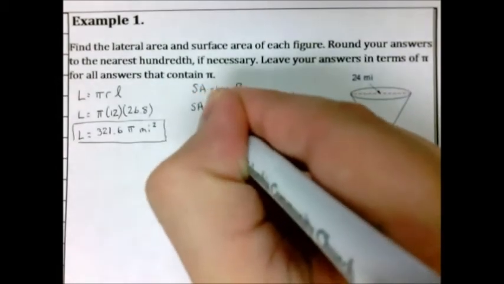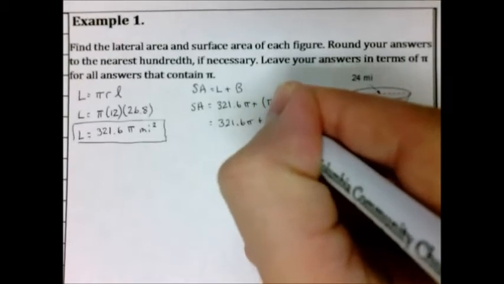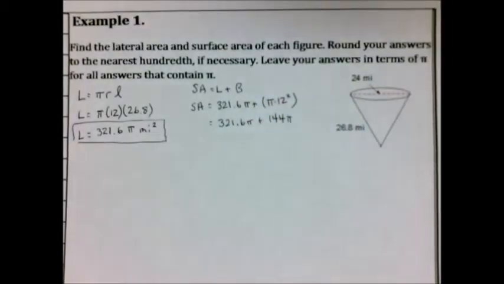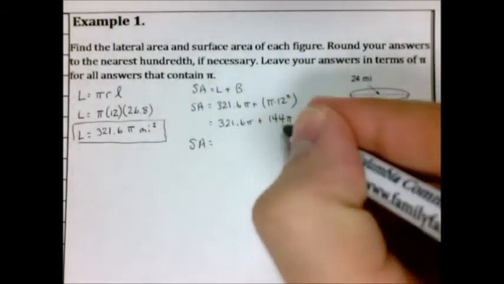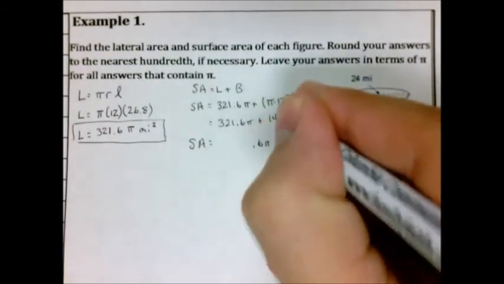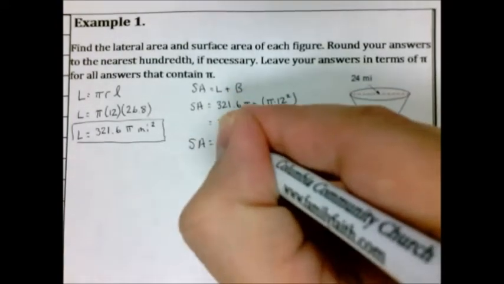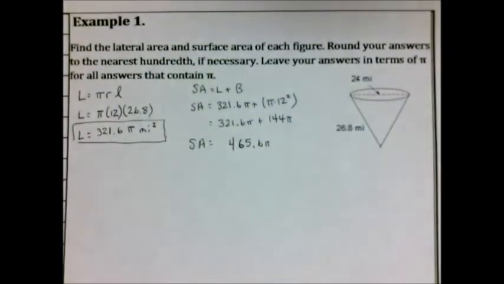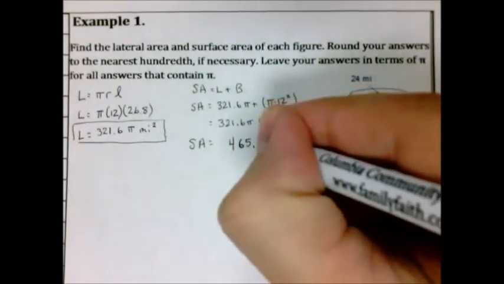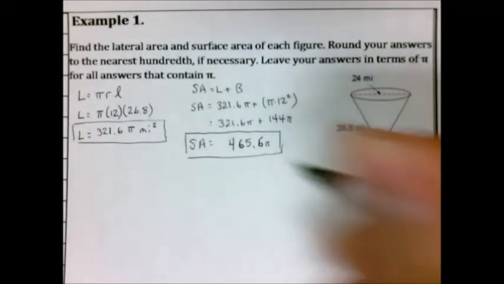This looks like 321.6 pi plus 144 pi. Adding it up: 0.6 pi, 4 plus 1 is 5, 4 plus 2 is 6, 1 plus 3 is 4. So the surface area of this cone is 465.6 pi. And that's all we have to do.